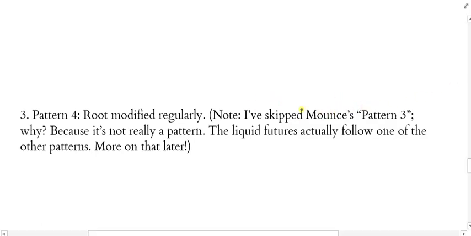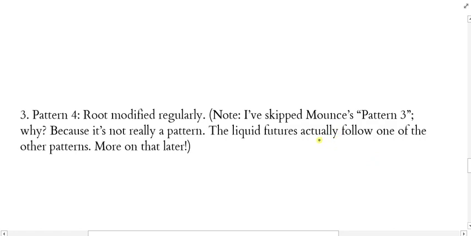So I really think that he's confusing and misleading at this point. I don't know. If I were writing this chapter, I love the chapter, except I would have just written 3 patterns. Here they are. And by the way, let's look at liquid futures now. Oh, see how they follow the patterns that we've just learned. They don't always follow one pattern. Okay? And so that's what I'm going to do.